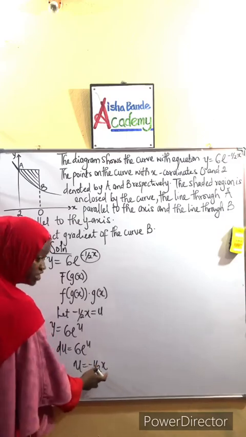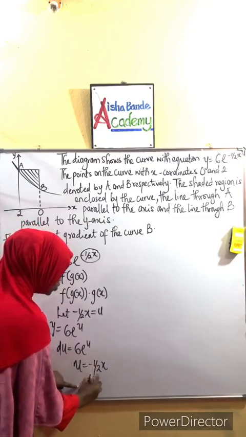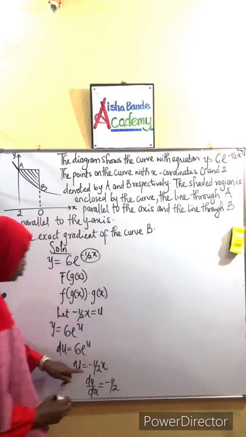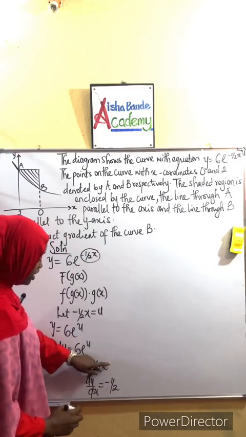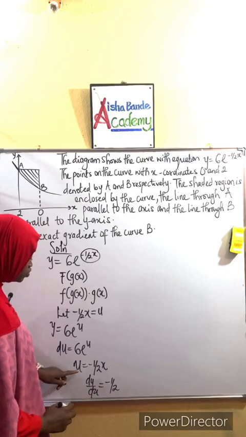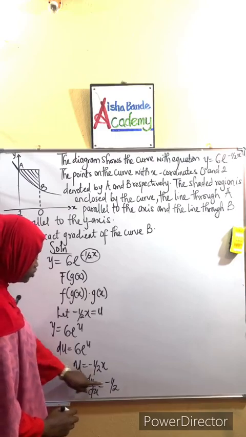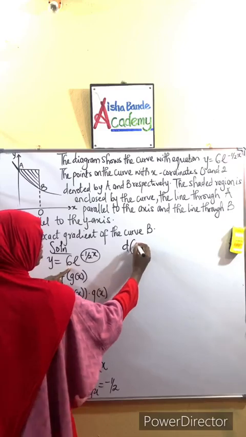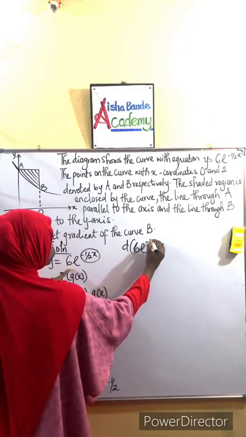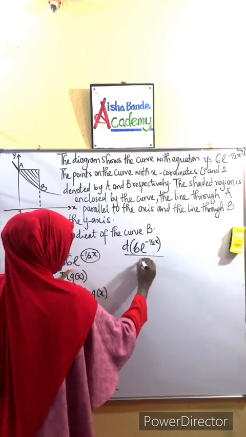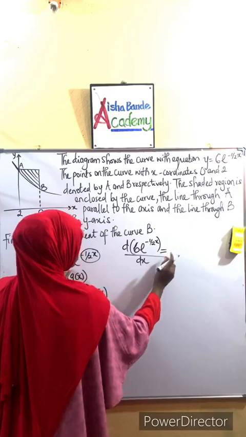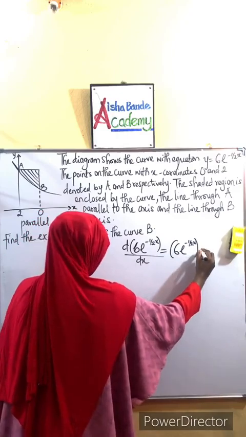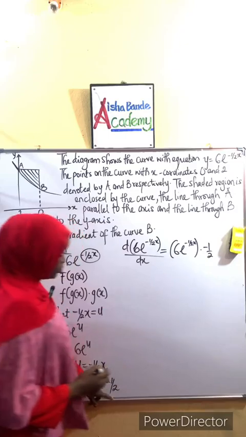So from here, differentiating this, we have du dx giving us minus 1 over 2. When we differentiate minus 1 over 2x with respect to x, that is du dx, we have minus 1 over 2. The derivative of 6e raised to the power of minus 1 over 2x with respect to x will give us 6e raised to the power minus 1 over 2x times minus 1 over 2, which is what we have here.